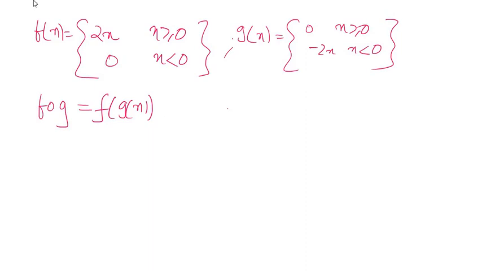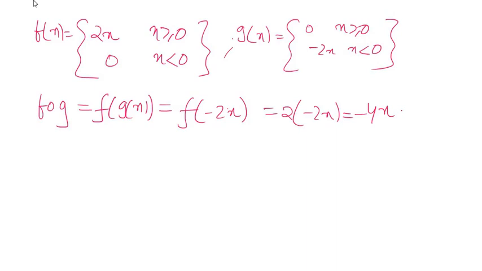So f of g is equal to f of g of x, that can be written as f of minus 2x. Now f of minus 2x, you know it very well, is 2 into minus 2x, that is minus 4x. And let us also simplify g of f.